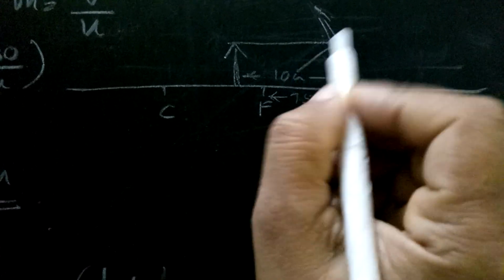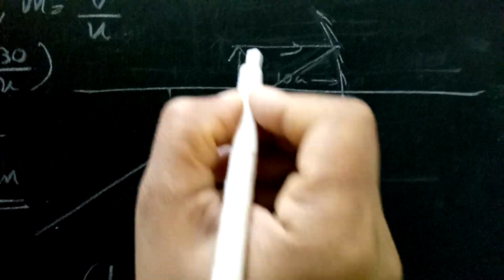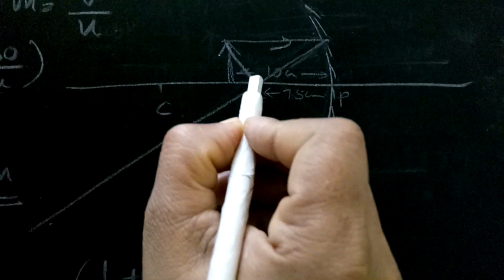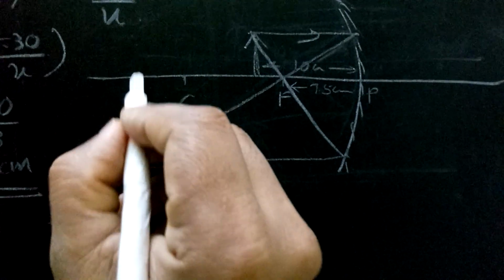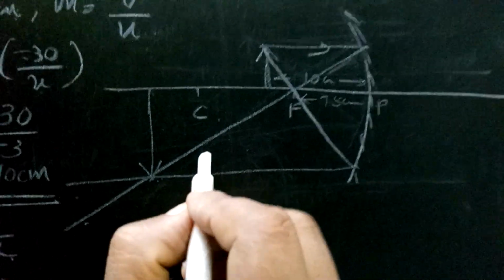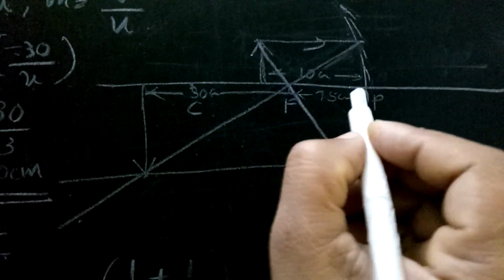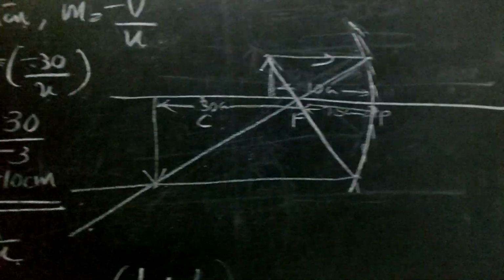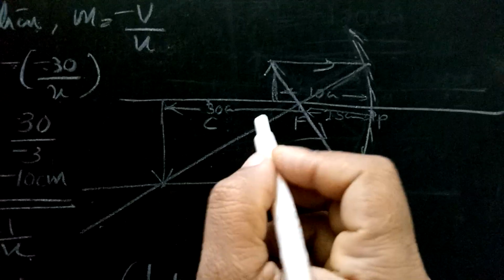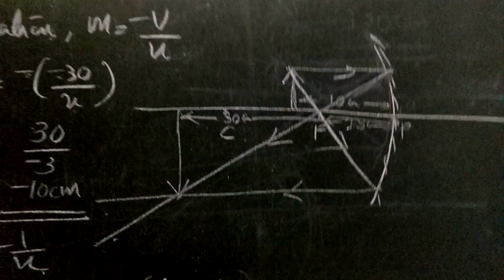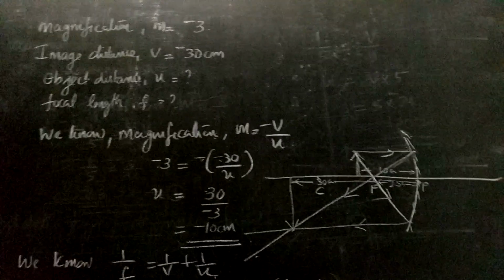A light ray parallel to the principal axis after reflection passes through the focus, and the light ray passing through the principal focus after reflection goes parallel. So you will get the image beyond C. Okay, so that is 30 centimeter. In this way you should mention it on the diagram also. Don't forget to put the arrow mark. This is the way of representing the problem in a diagram.